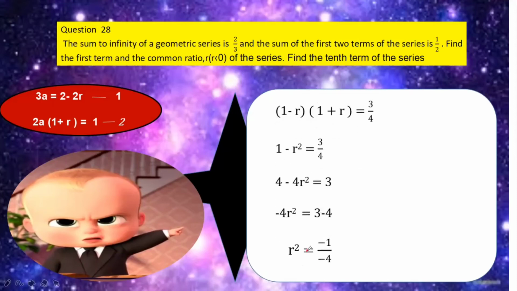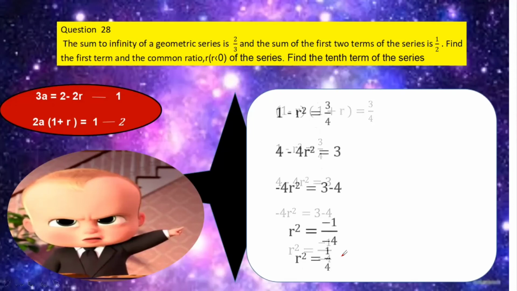And then I will get r square equals negative 1 divided by negative 4, since 3 minus 4 is negative 1 and the negative 4 is brought to the right side of the equation because the unknown must be on the left side of the equation. A negative integer divided by a negative integer, which is negative 1 divided by negative 4, gives r square equals positive 1 over 4.